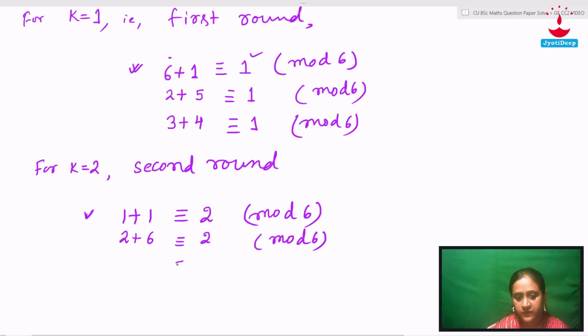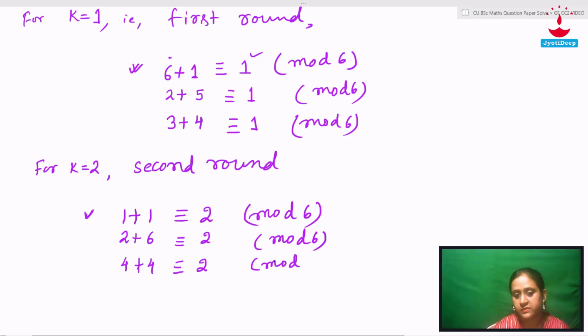Okay, again for k equal to 2, we can take 4 plus 4, that is 8.